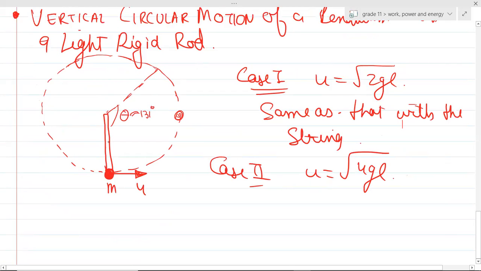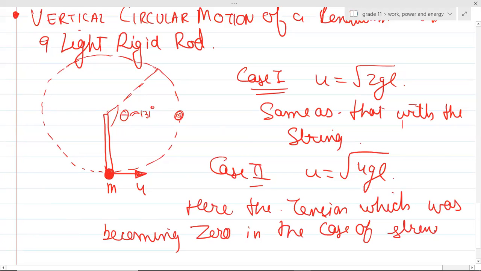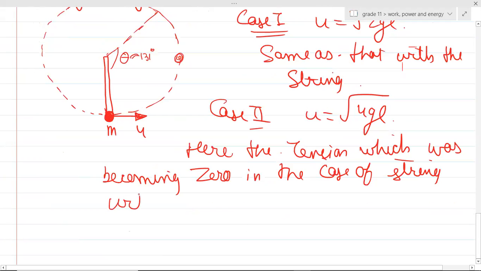Now since it is a rod, do you think it will ever fall? The tension in a rod can never be zero, right? So at this particular instant, even if the tension becomes zero, the tension which was becoming zero in the case of string will never be 0 in this case.